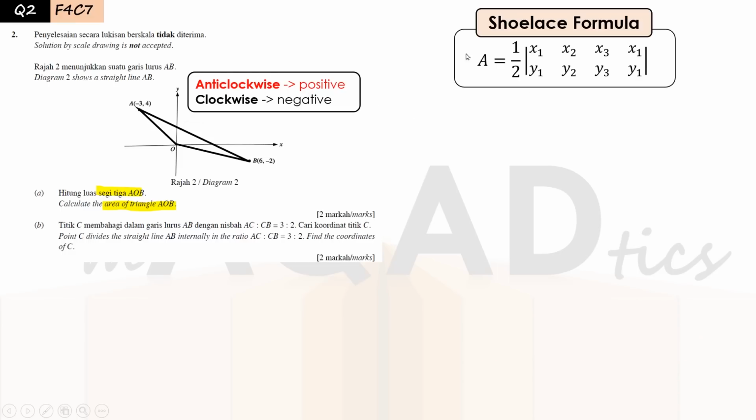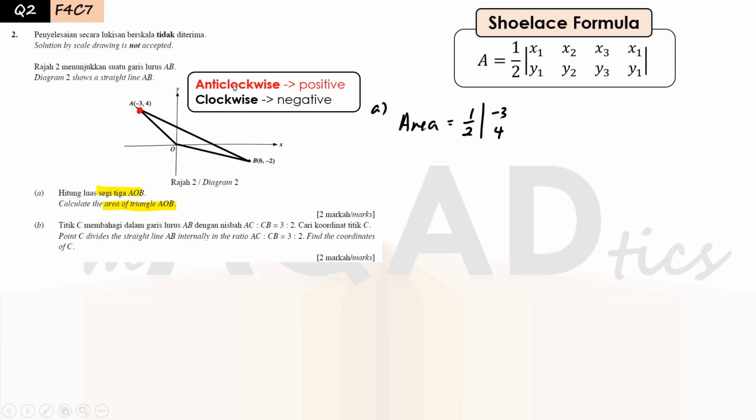Going back here, to find the area, we are going to multiply 1 over 2 first. So please remember this 1 over 2. Then we select the starting point. Let me select point A as our starting point, and we substitute the coordinates here.